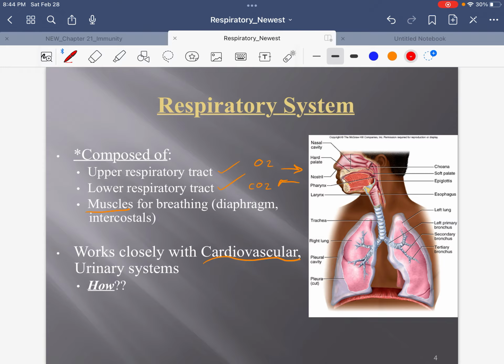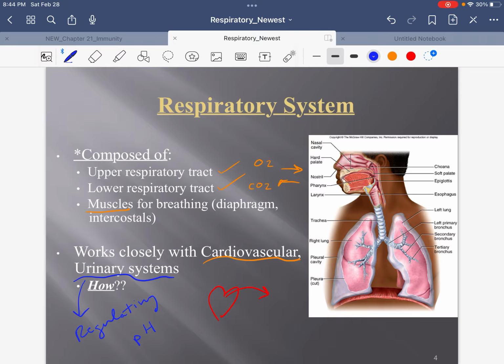And then, once we do that, the heart is going to pump that oxygen-rich blood out. So the respiratory and the cardiovascular work together. Makes perfect sense. Also, the respiratory works with the urinary, and that has to do with regulating blood pH.